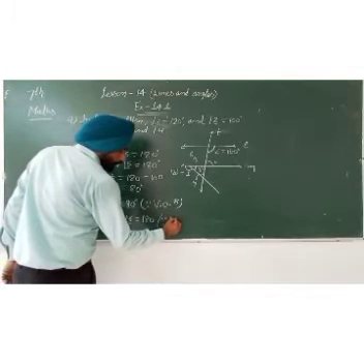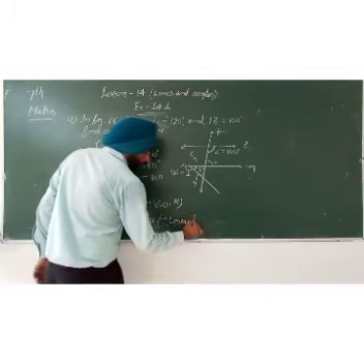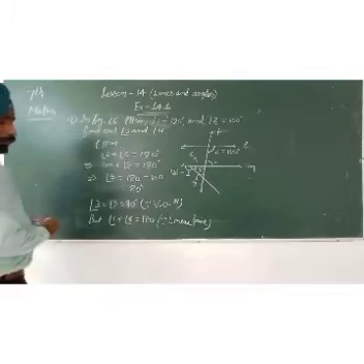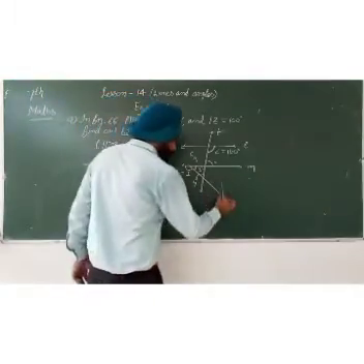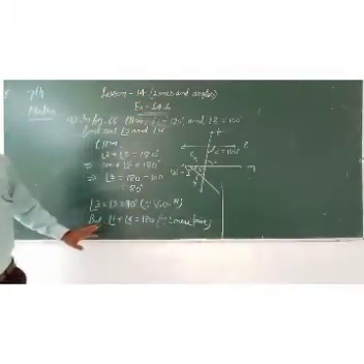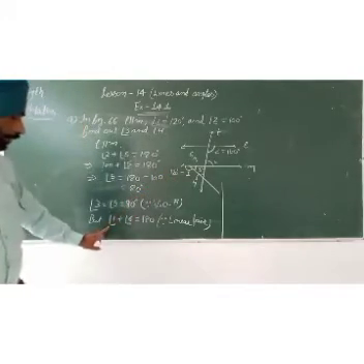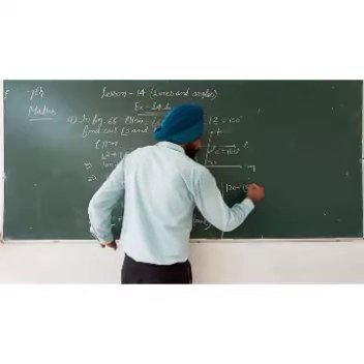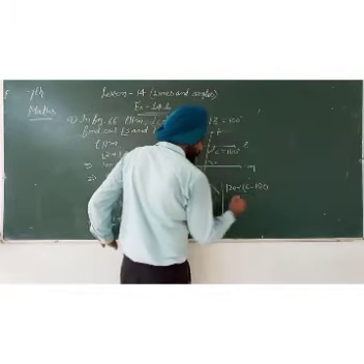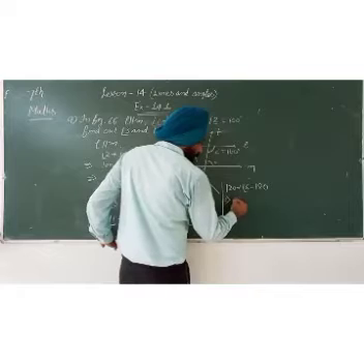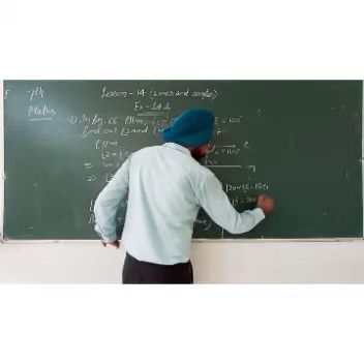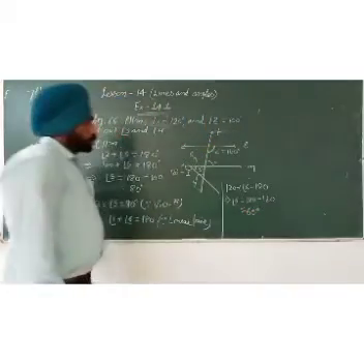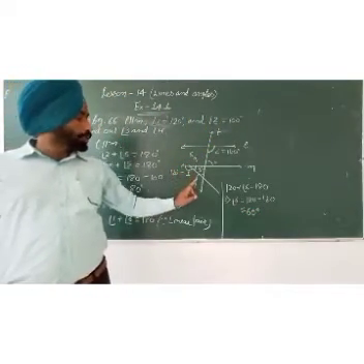Because they are a linear pair. Now angle 1 is equal to 120, so 120 plus angle 6 is equal to 180. So angle 6 is equal to 180 minus 120, which is equal to 60.